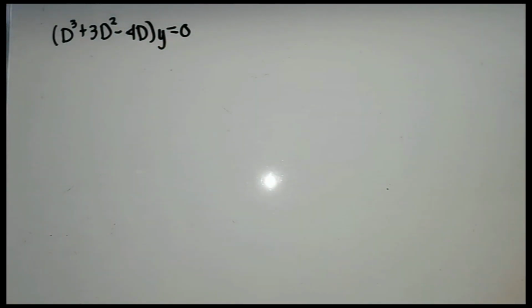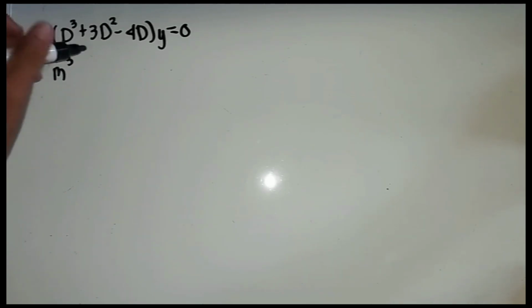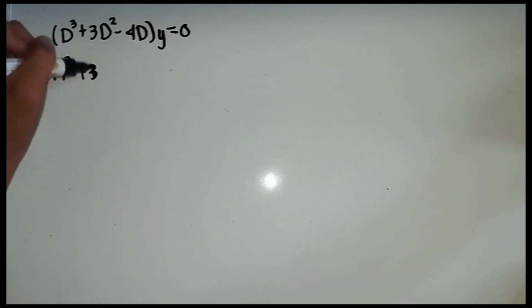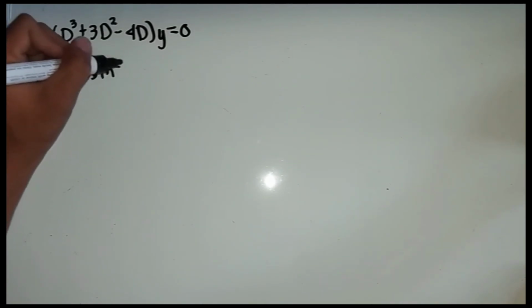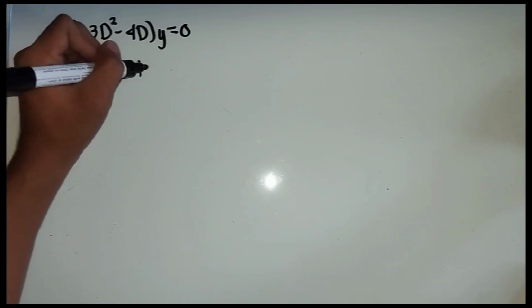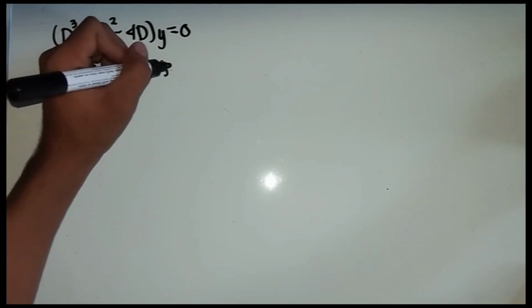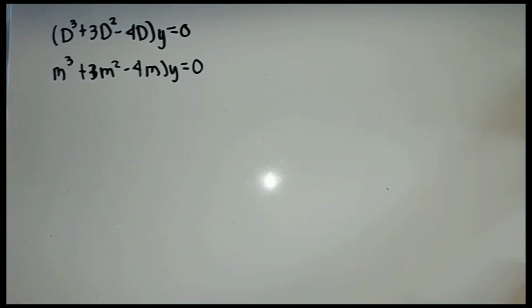So in order to start the process, first we must transform it into the auxiliary equation. So we have m cubed plus 3m squared minus 4m of y is equal to 0.